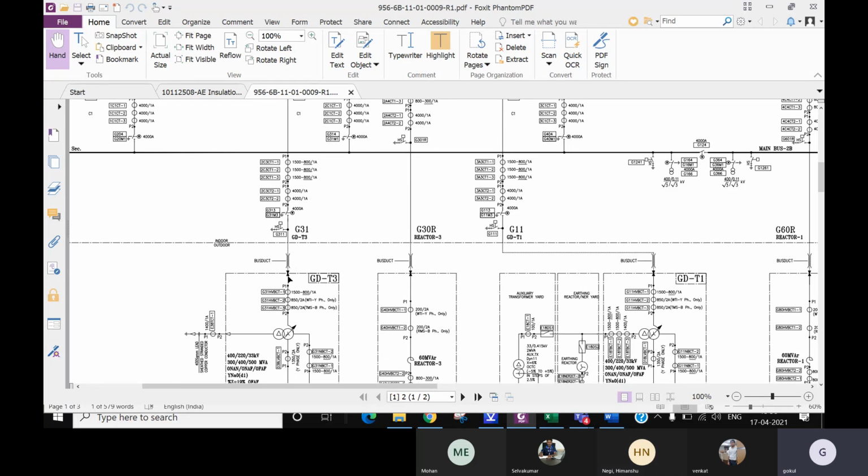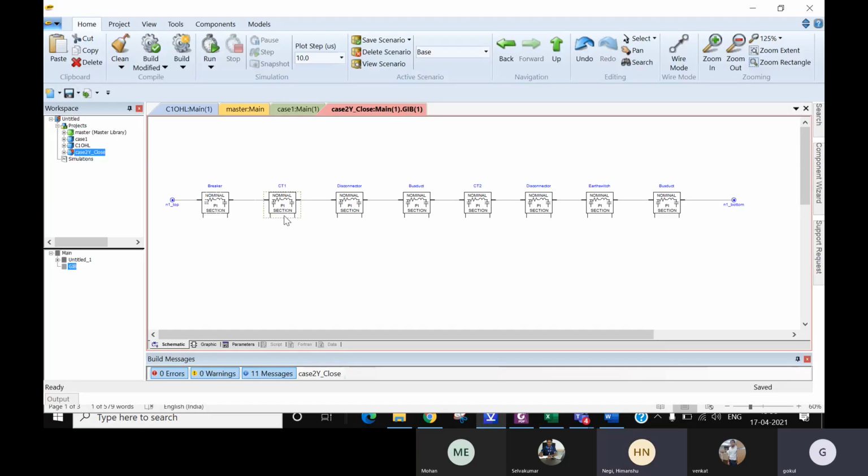All the components you have to model with the nominal pi method, which is one type of method to simulate. We will use a frequency dependent method for OHL. Similarly, there is a pi section, a single frequency method.